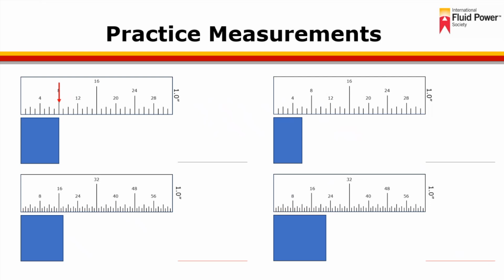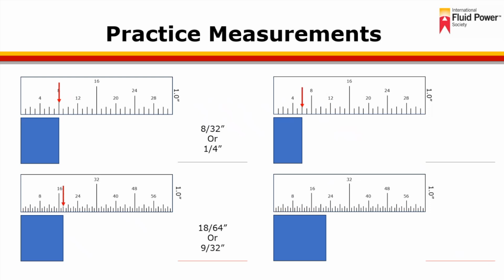For number 1, we see that the part measures to the 8th line, which would be measured as 8/32, or could be reduced to 1/4 of an inch. For number 2, we see that the part measures to the 18th line, which would be measured as 18/64, or could be reduced to 9/32.